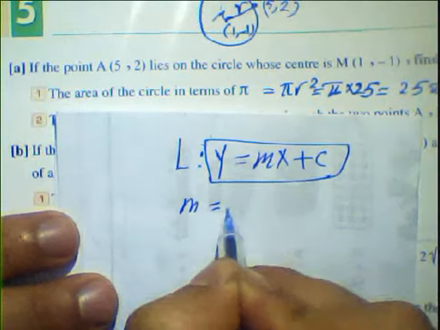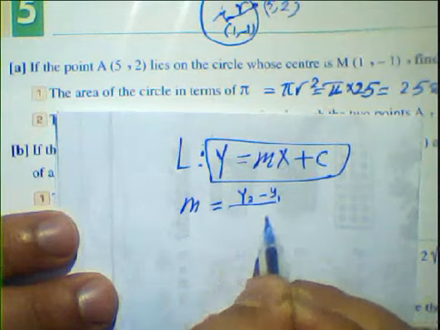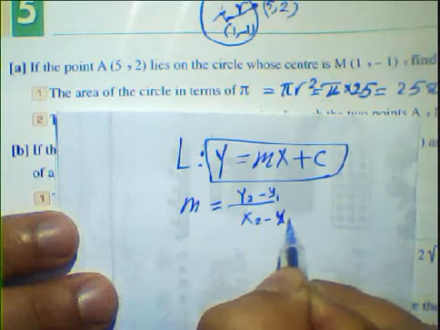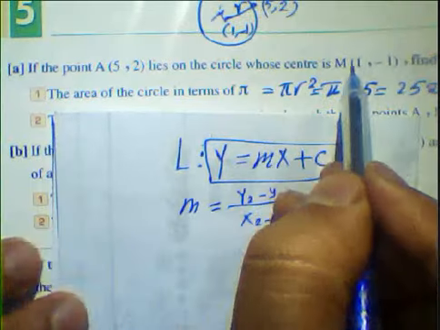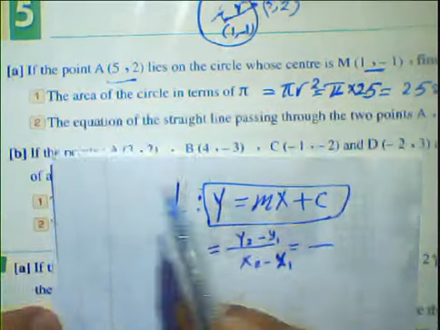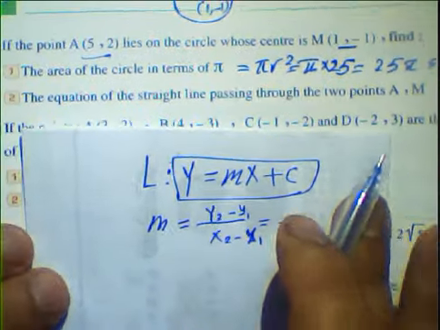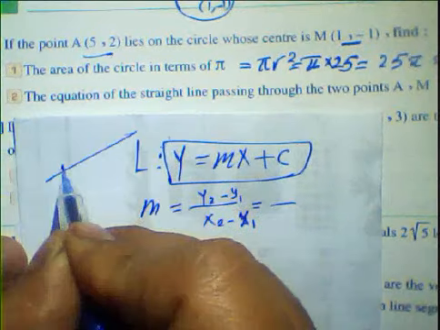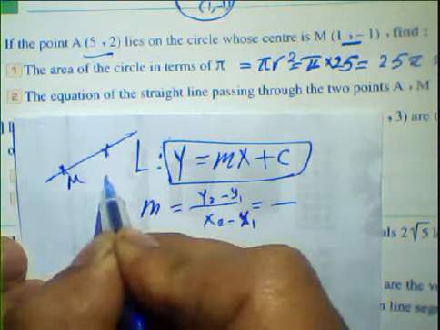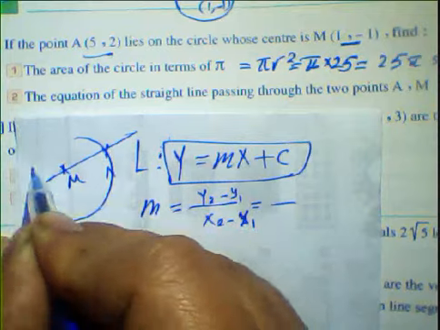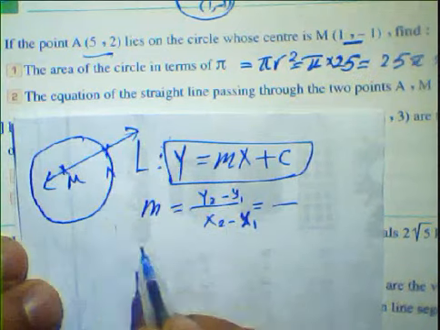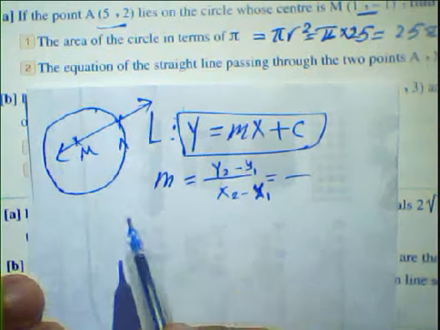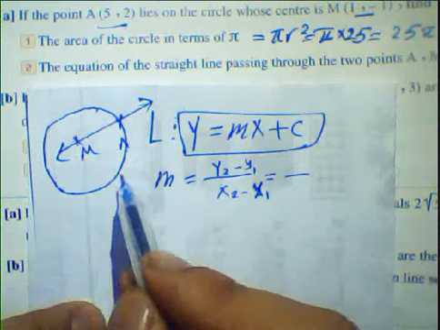The slope m equals (y2 minus y1) over (x2 minus x1) for points M and A. You want to find the equation passing through the 2 points M and A of the circle. Okay, understood? First we find the slope of this equation.